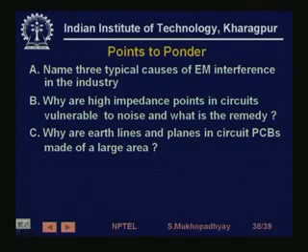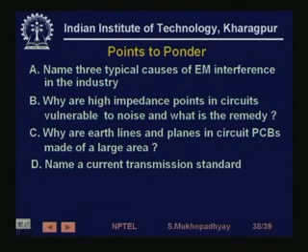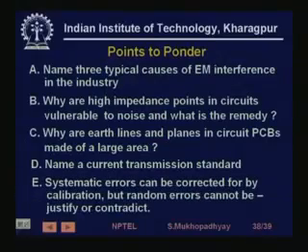Why are earth lines and planes in circuit PCBs made of large areas? We have also discussed this. Name a current transmission standard which is very well known, and try to figure out why it is called like that. And finally, ponder over this idea that systematic errors can be corrected by calibration, but random errors cannot be. Justify this contradiction.